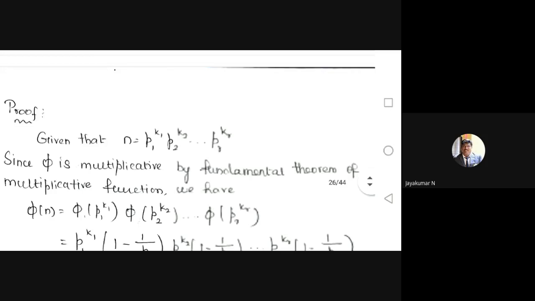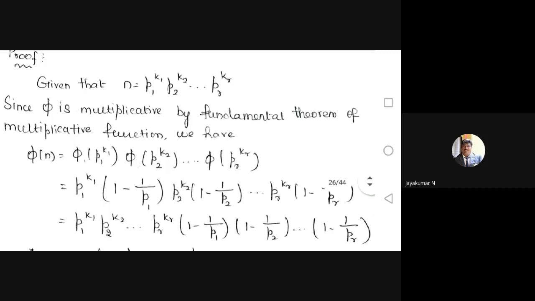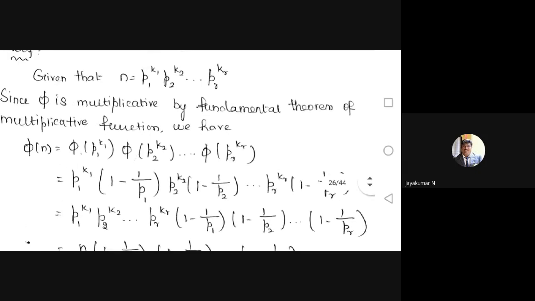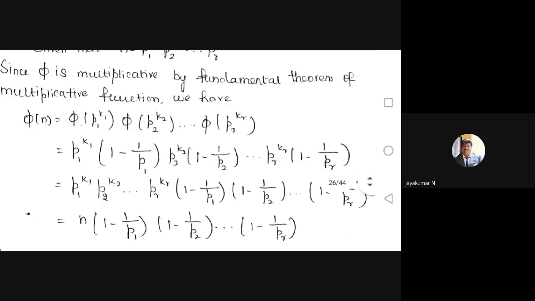Now multiply p1 power k1, p2 power k2 up to pr power kr. The remaining factor is 1 minus 1 by p1 into 1 minus 1 by p2 up to 1 minus 1 by pr. Since n is expressed as the product of primes, p1 power k1 into p2 power k2 up to pr power kr is equal to n.